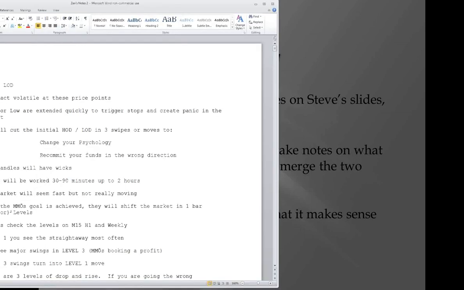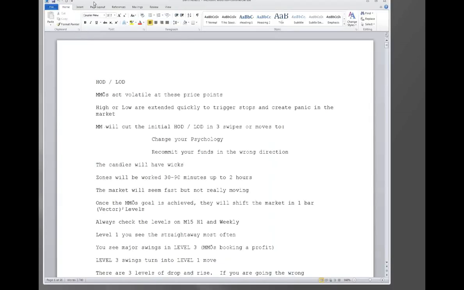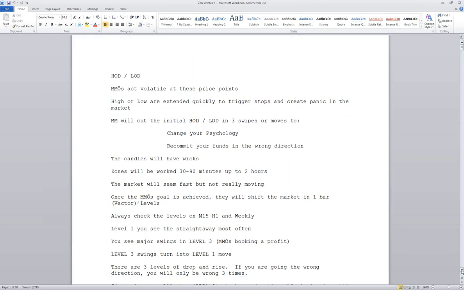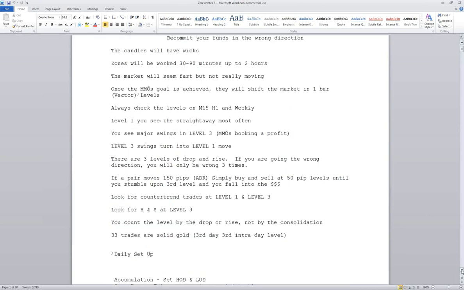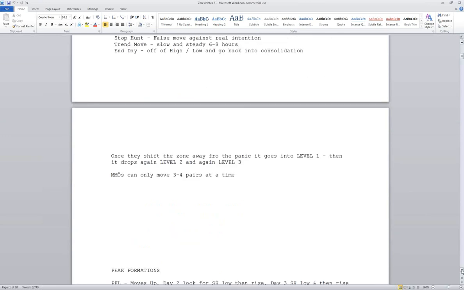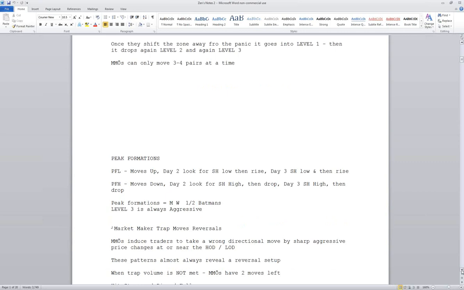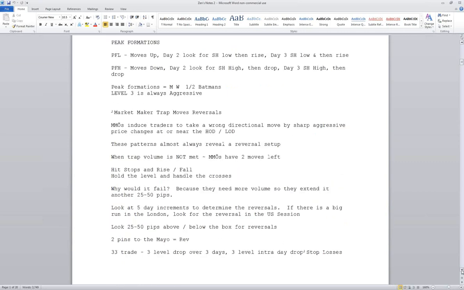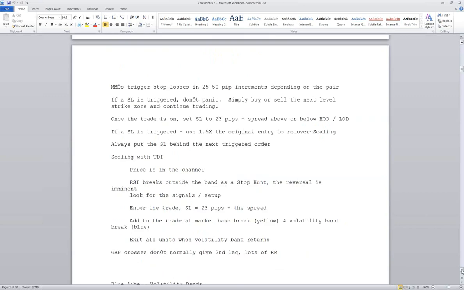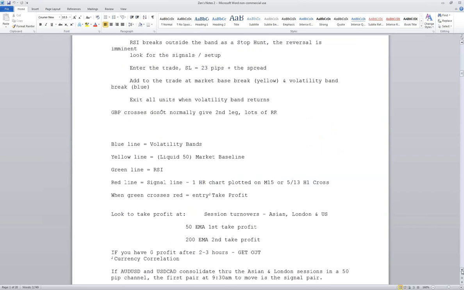So I'm going to bring this page in here like that. Okay, so here's what I had. Here's some information on high of the day, low of the day. And then there's stuff on peak formations, everything that I need to learn about peak formations. Using TDI, scaling with it, what the volatility bands were.